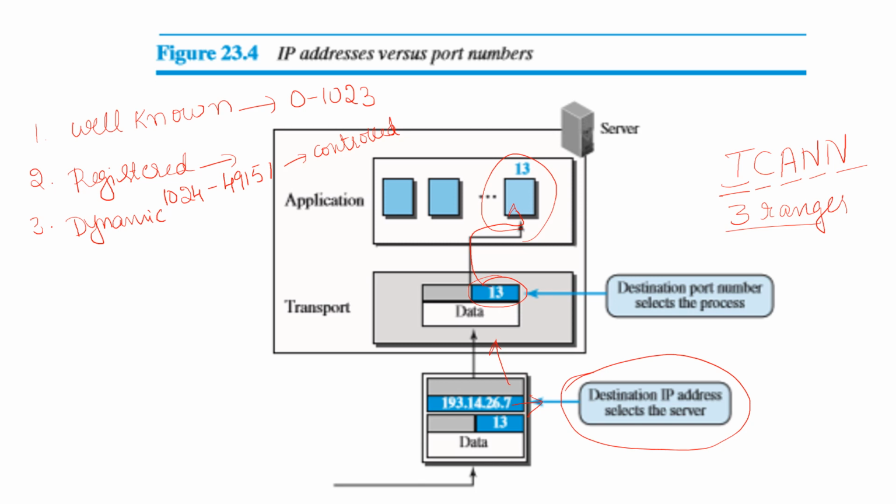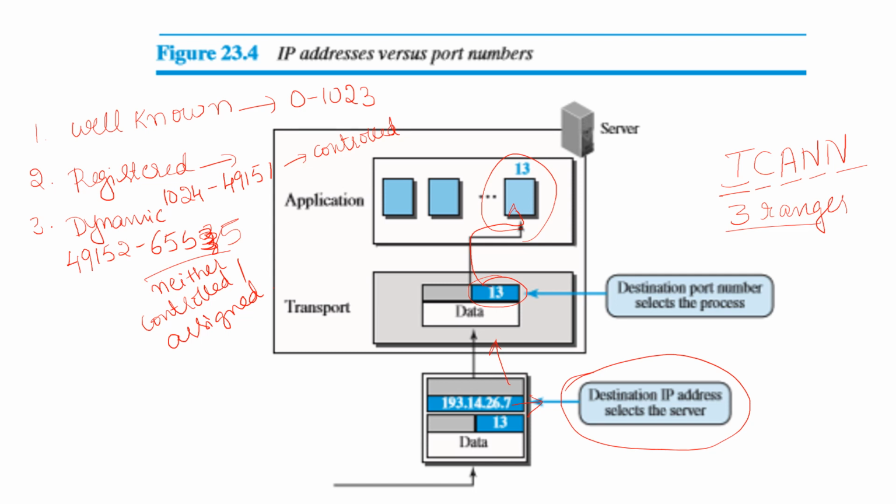The next category is the dynamic ports, the remaining port numbers from 49152 to the last, 65,535. These port numbers are neither controlled nor assigned, so they are called temporary or private port numbers.